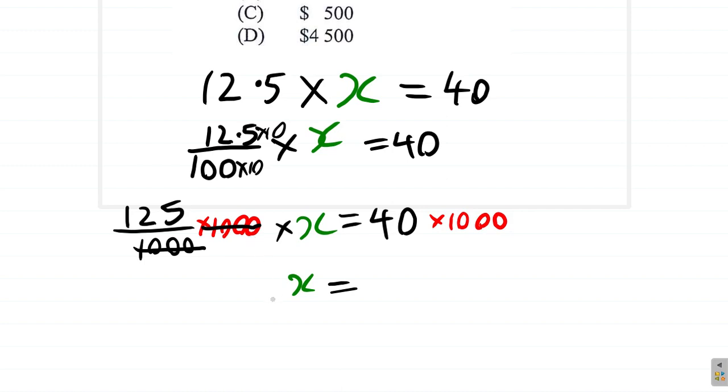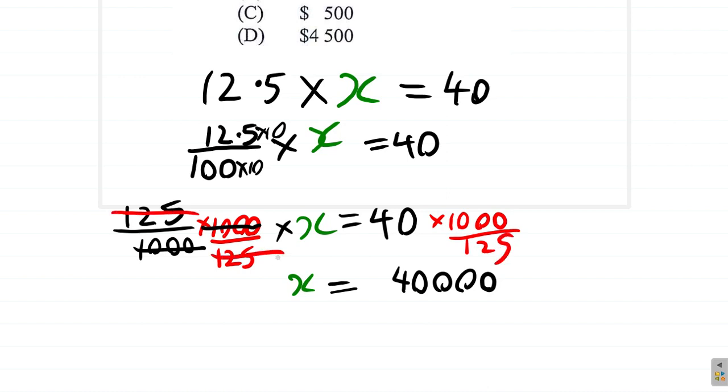So it's 125, and we have 40,000. Then we divide both sides by 125. The 125 cancels itself out. So what we have is 40,000 divided by 125. You see that?